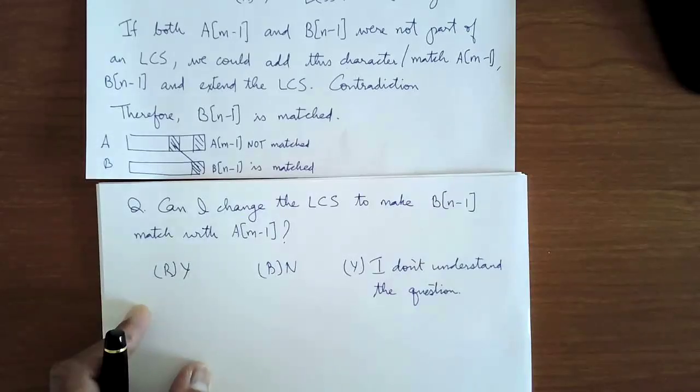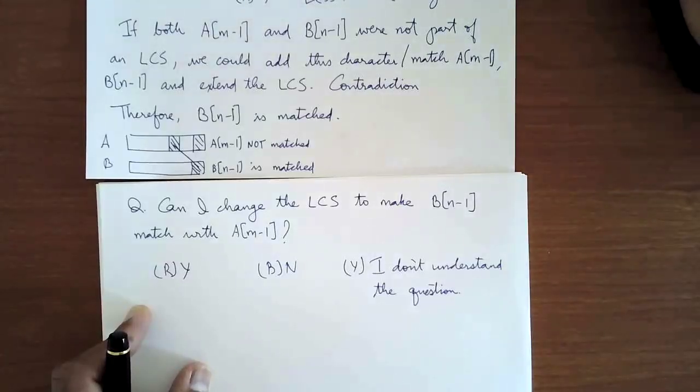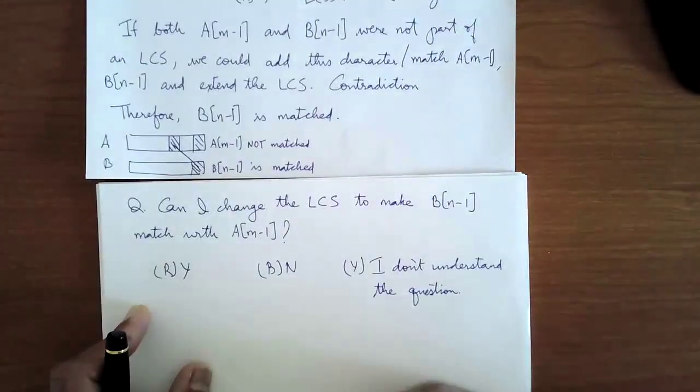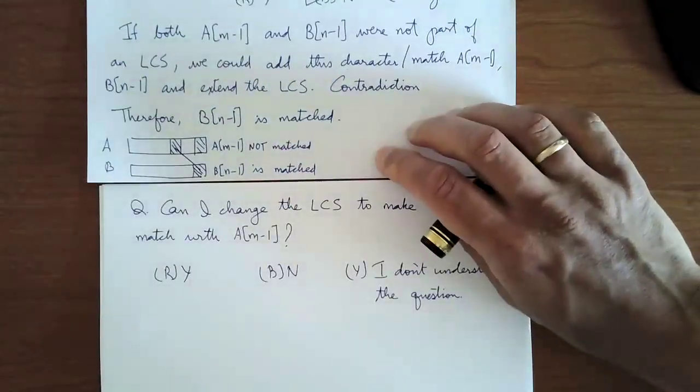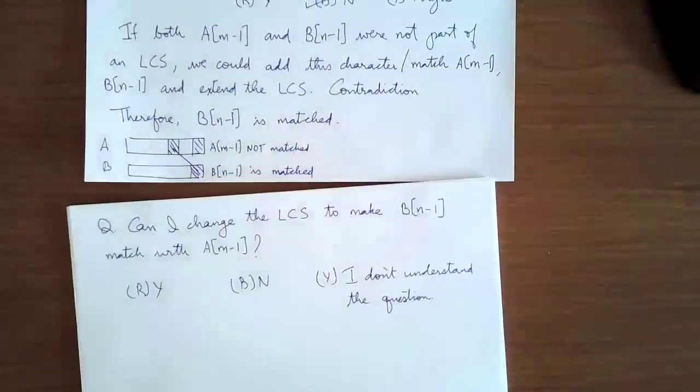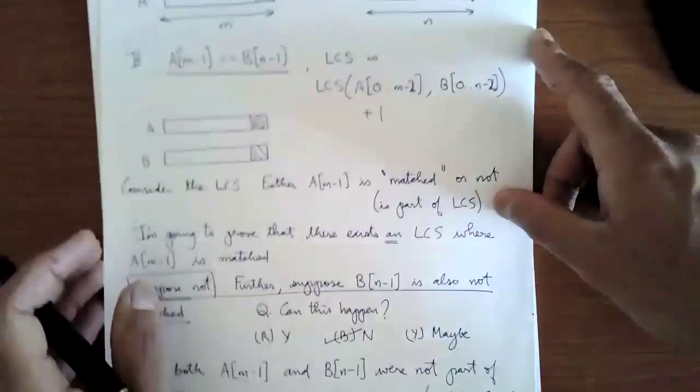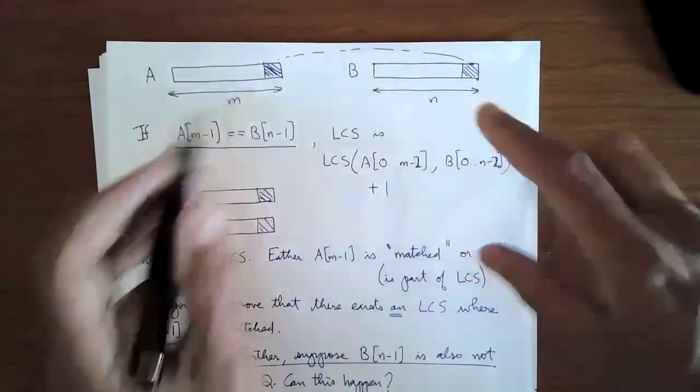All right, there's a fair number of people who say that they don't understand the question. So I'm going to restate what I'm asking, but this is a good place to interrupt me and clarify. Let's step back a bit, and I'll keep the poll open. We're in the situation where the last two characters are the same.